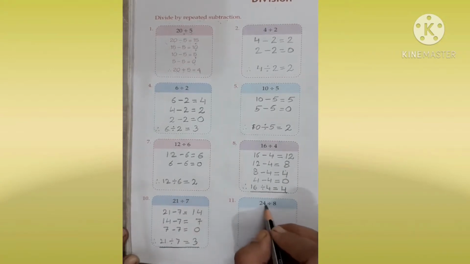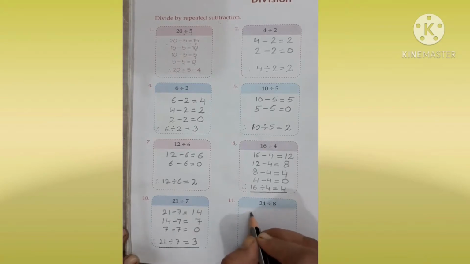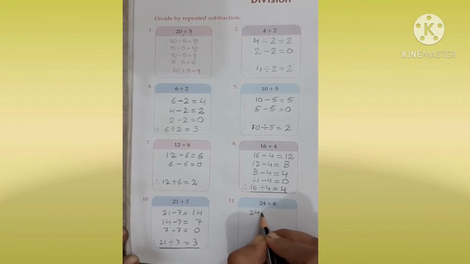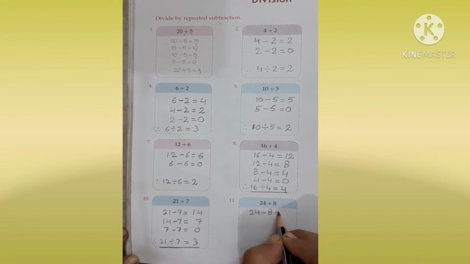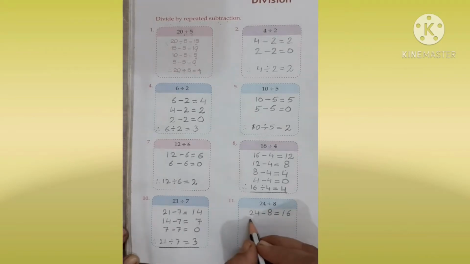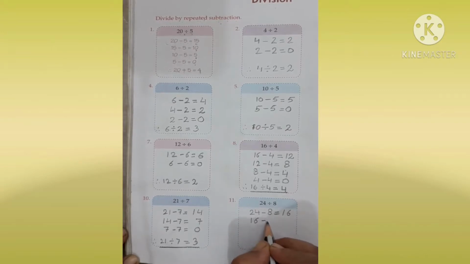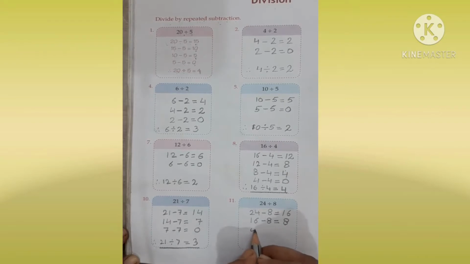11th. 24 divided by 8. So you will write here 24 minus 8 is equal to 16. Then this 16 you will write here. 16 minus 8 is equal to 8. Then this 8 you will write here. 8 minus 8 is equal to 0.